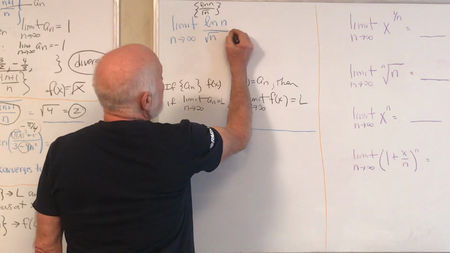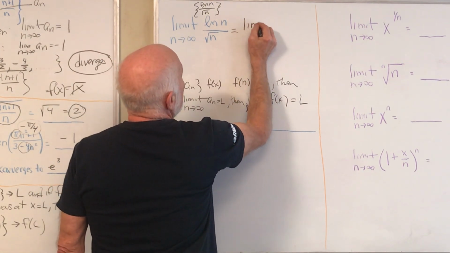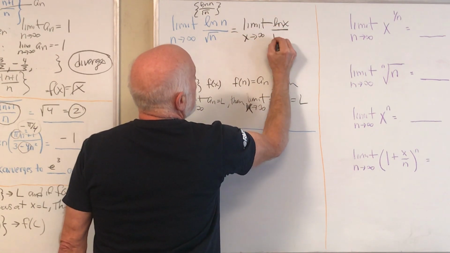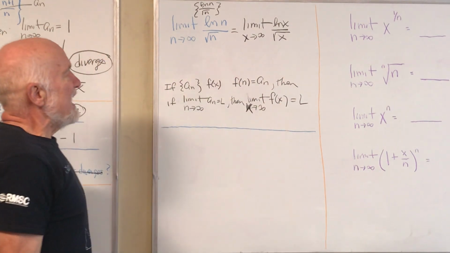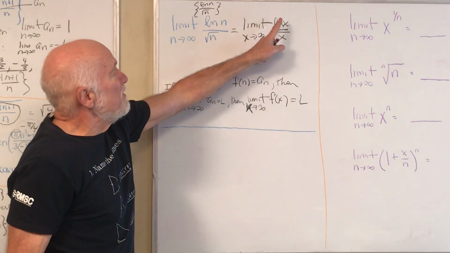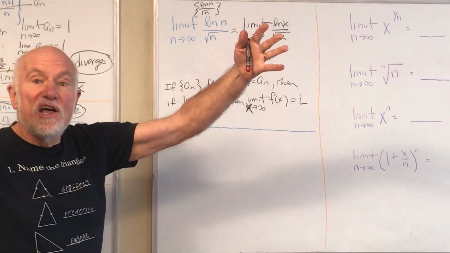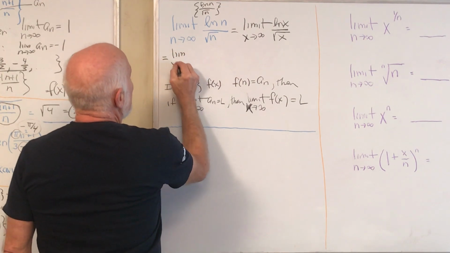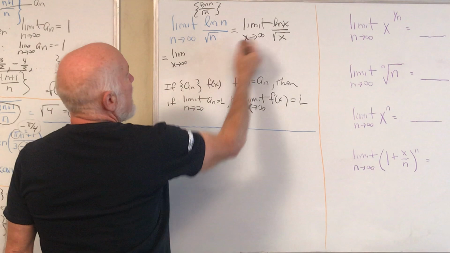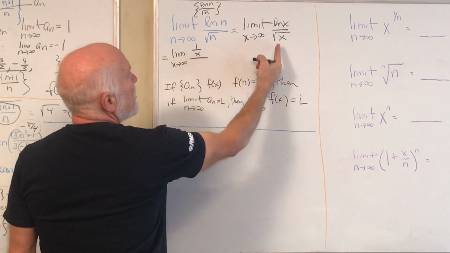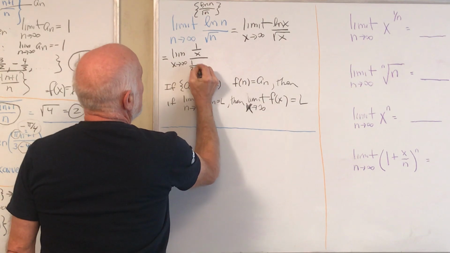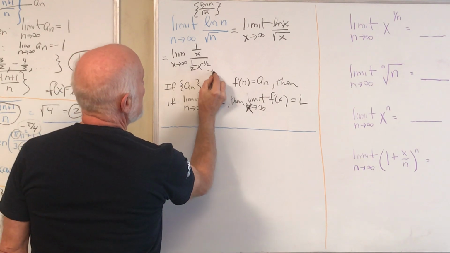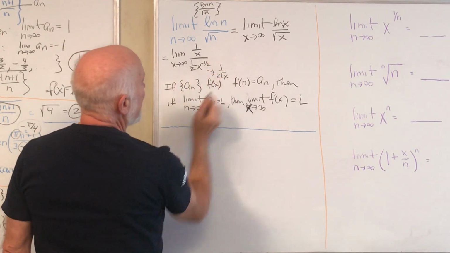So we can say the answer to this is the same as the limit as x approaches infinity of the natural log of x over the square root of x. And here, we still have the same problem of infinity over infinity, but now we can yell l'Hôpital. And we can say it's equal to the limit as x approaches infinity, and now we take the derivative of the numerator and the derivative of the denominator, and that denominator becomes 1 over 2 root x.